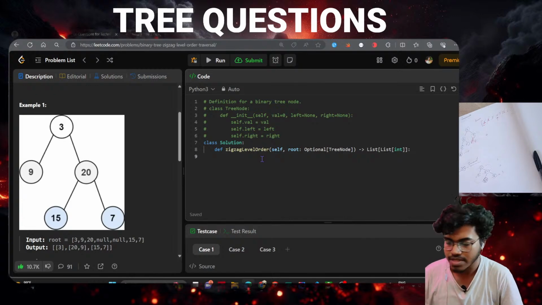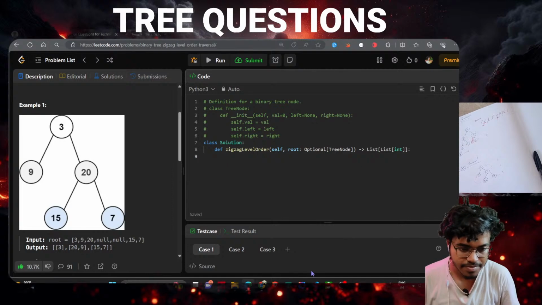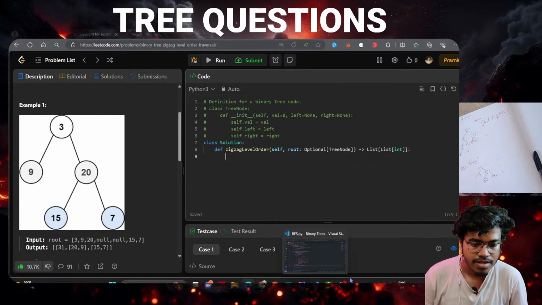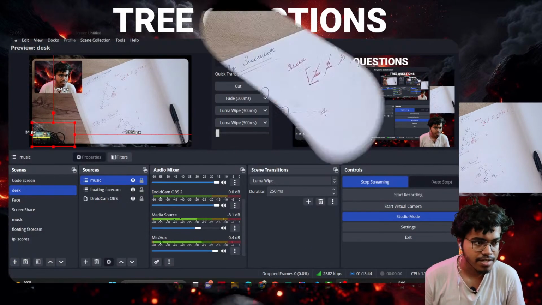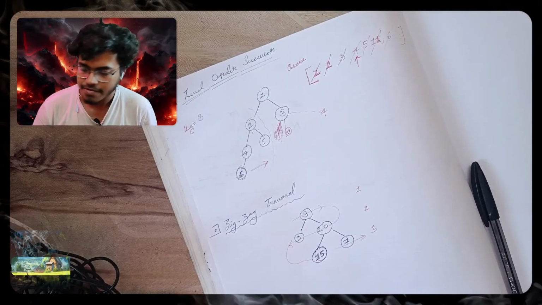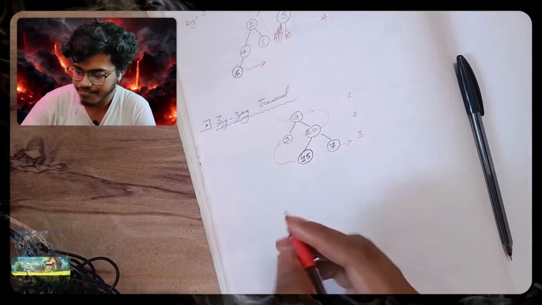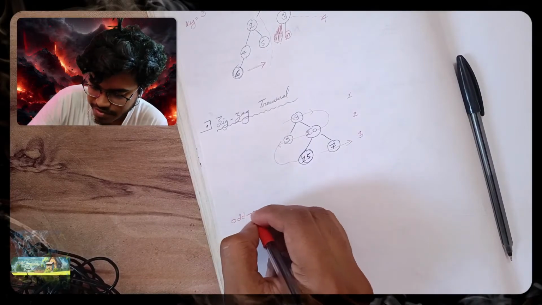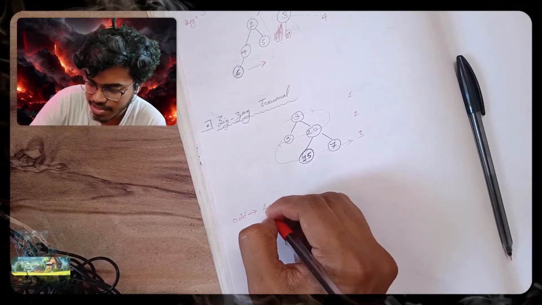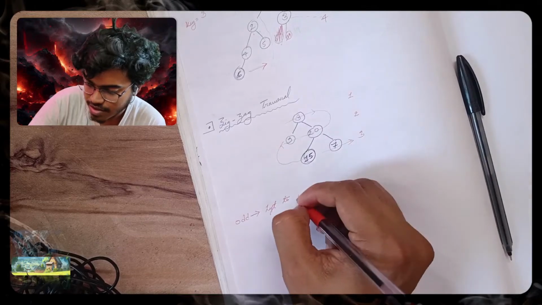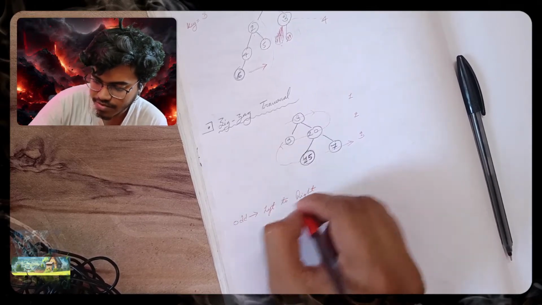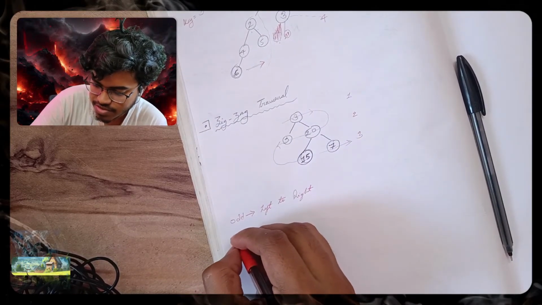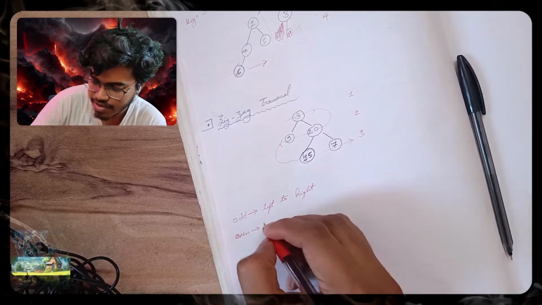Okay, so one thing noted: for odd levels we are going from left to right, for even levels we are going from right to left.